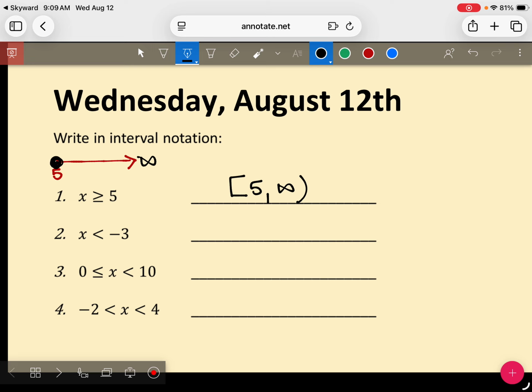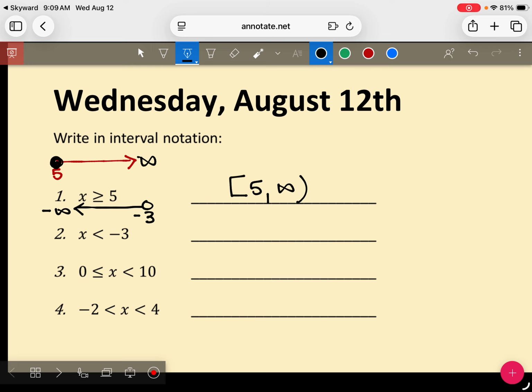For number 2, it says x is less than -3. So that means I'm starting at -3, and I'm going left. And I'm going to keep going down forever. So the smallest number that I can use is -infinity.